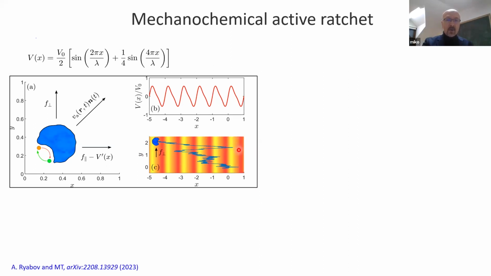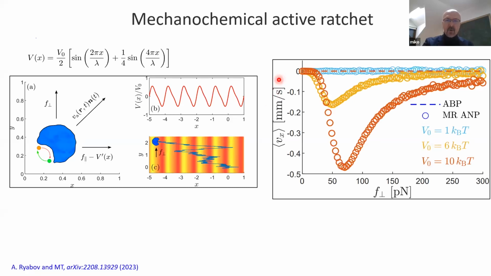So we can calculate the net current along the x direction as a function of the amplitude of this transverse driving. This curve shows you the net velocity along the x direction as a function of this transverse driving for different realizations. Different curves correspond to different depths of this ratchet potential.